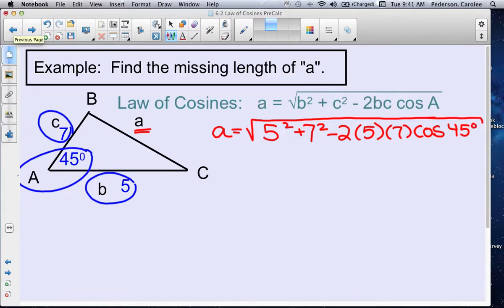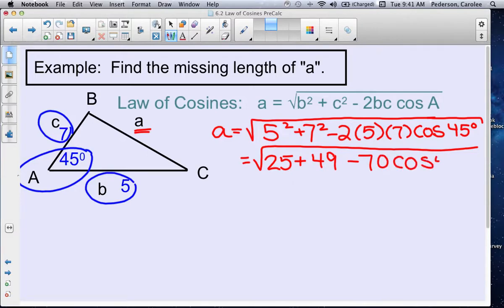And then we have some simplifying to do. 5 squared is 25. 7 squared is 49. Negative 2 times 5 is negative 10. Negative 10 times 7 is negative 70, cosine of 45 degrees. If you're comfortable, throw it all in the calculator in one shot, then square root it. It depends on how comfortable you are.